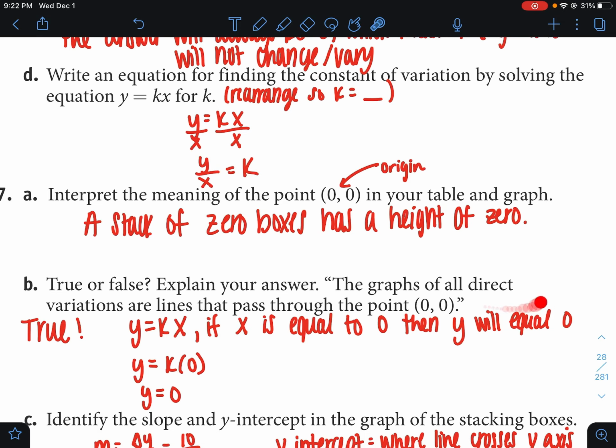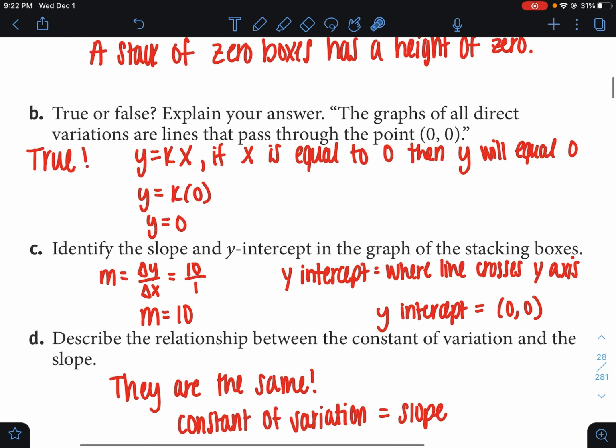As long as there's a direct variation, or directly proportional relationship, this statement should be true. Because if x is equal to 0, whatever value k is, it's going to be multiplied by 0, giving you an output value for y of 0.